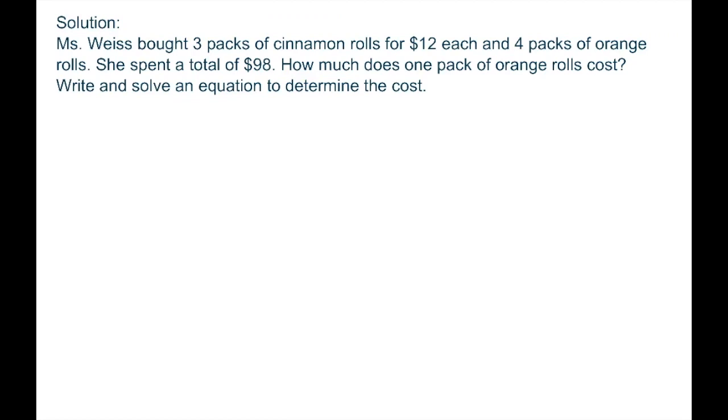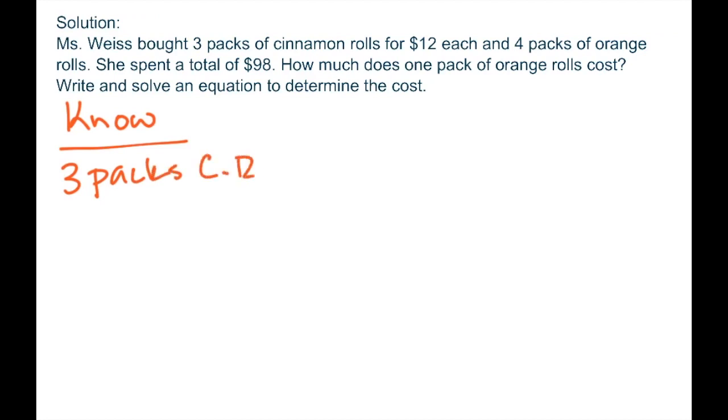We've got that Miss Weiss bought 3 packs of cinnamon rolls for $12 each and 4 packs of orange rolls. She spent a total of $98. We want to know how much 1 pack of orange rolls cost. So here's what we know from the problem. 3 packs of cinnamon rolls at $12 per pack.